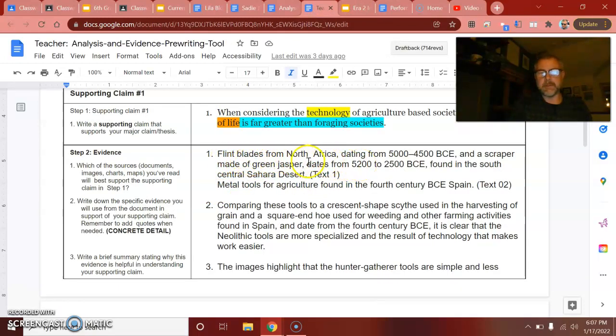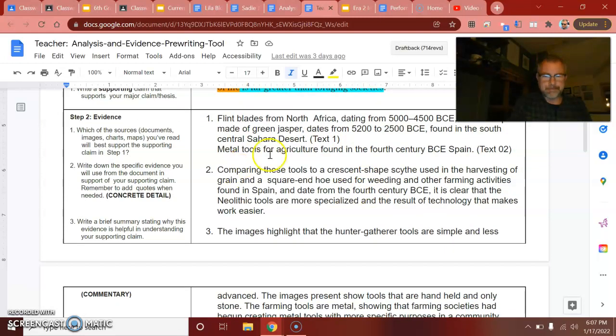So I just identified the source. One of them was the flint blades and the scraper of green jasper and when they were from. That's just text number 1. The other are metal tools for agriculture found in 4th century BC Spain. And then I can explain that I've compared these two tools that are used for harvesting and weeding and other farming activities, and it's clear they're more specialized.